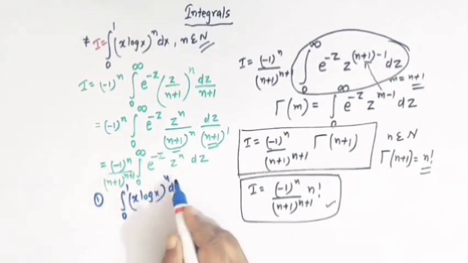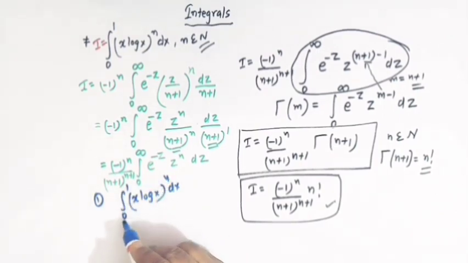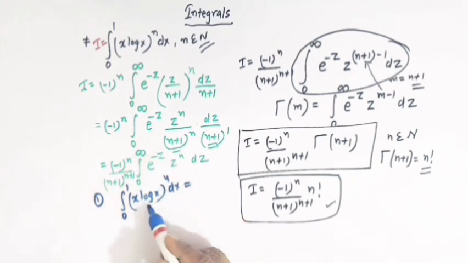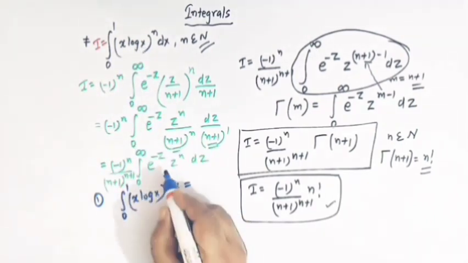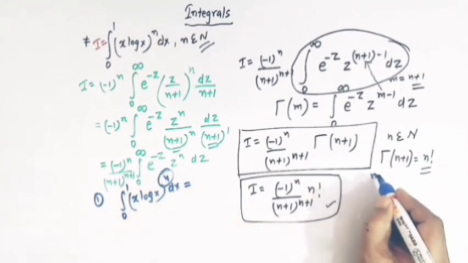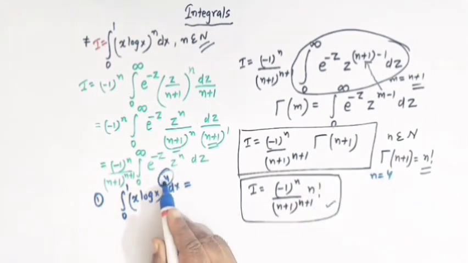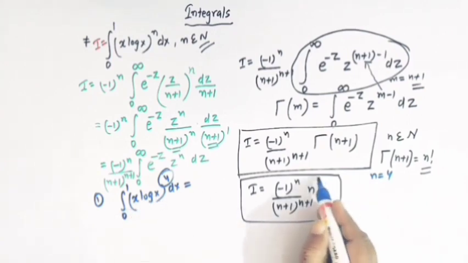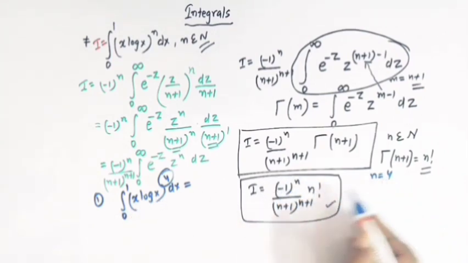So now suppose we have to find the value of this integral 0 to 1 x log x raised to 4, then we can compare this integral with this one. So the value of n is equal to 4, right, which is a natural number. So the value of this integral can be obtained by putting n is equal to 4 in this result.